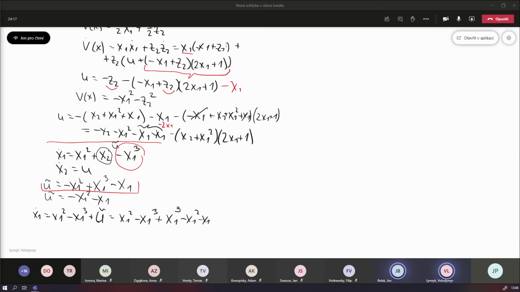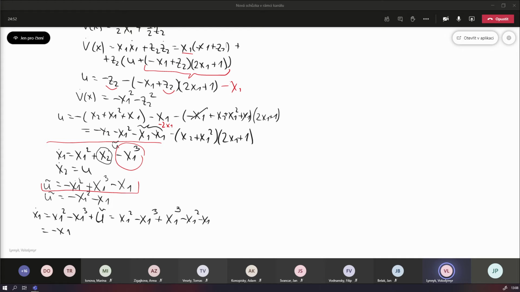This was all equal to minus x1. Okay, and you can do the same steps as in the example before, because I think it will be the same.